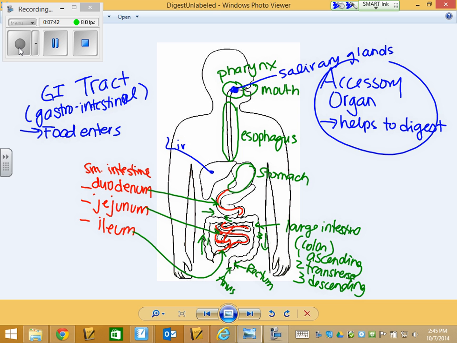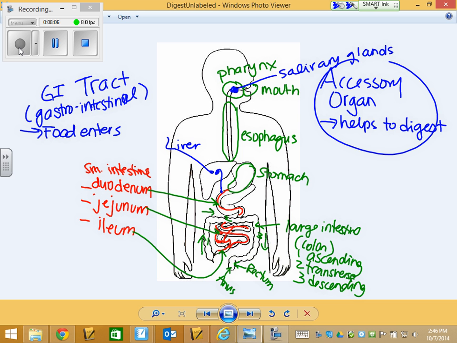Your liver is an accessory organ. And in case you weren't here yesterday, I instructed everyone that you had to add the gallbladder on. The gallbladder is attached to the duodenum, and it kind of looks like a little stick with a little sagging thing at the top of it, like a wilted flower almost.